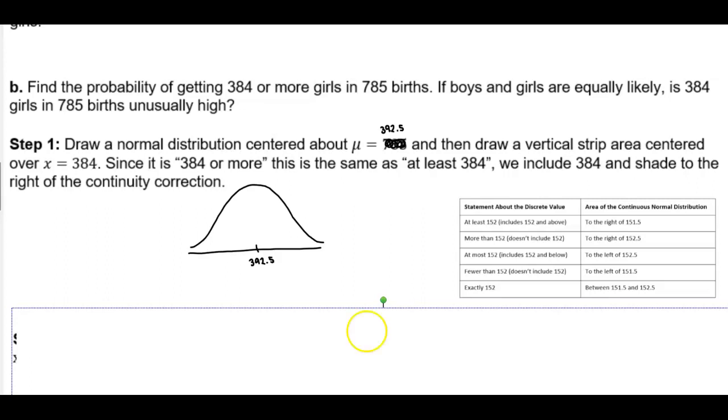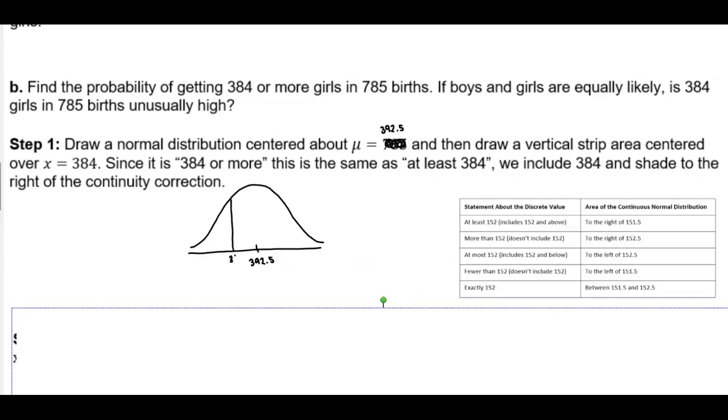Okay, now it says 384 or more. Well, 384 or more is the same thing as at least 384. Now, if we look at the chart, at least means that you include the value and above. So we're going to include 384 and shade to the right of the continuity correction. So we're going to first write down where 384 is.